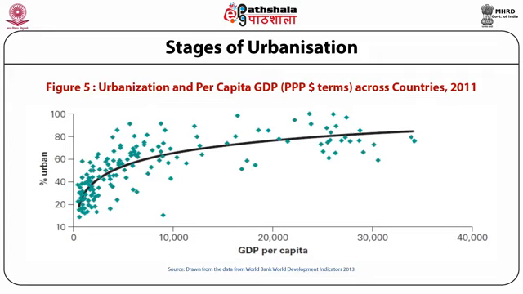We can see from this figure that initially the increase in urbanization rates has a slower impact on GDP per capita, but as the economy crosses the mark of 60% urbanization, a slight change in the rate of urbanization leads to significant increases in GDP per capita of the countries.